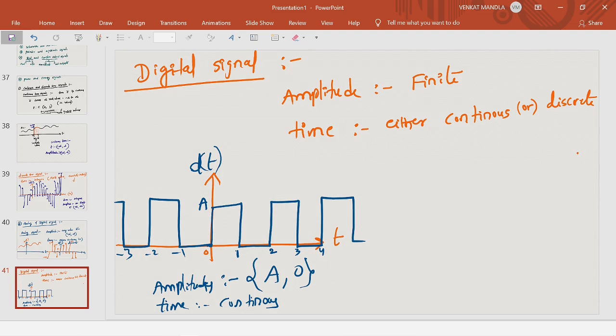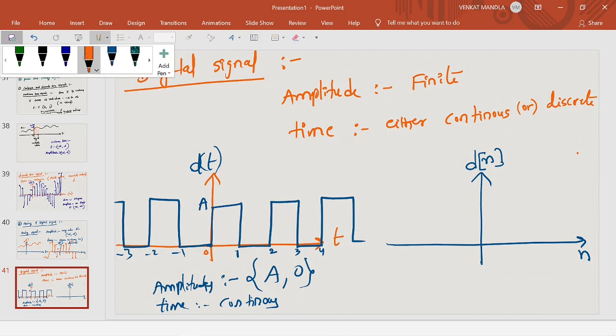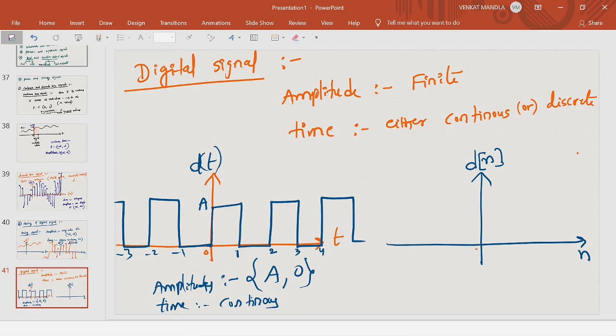And I will give you one more example for discrete time. So n is discrete. Let us say, I will say d of n. So 0, 1, 2, 3, 4, minus 1, minus 2, minus 3, and so on. Then the amplitudes should be finite values.